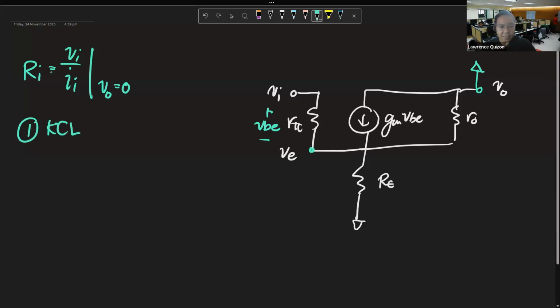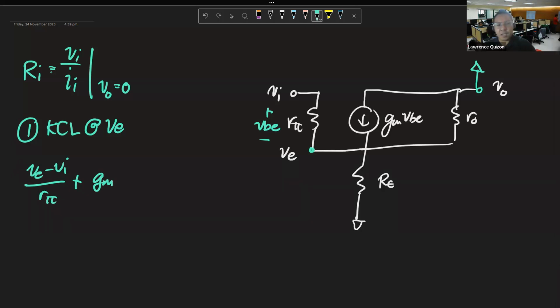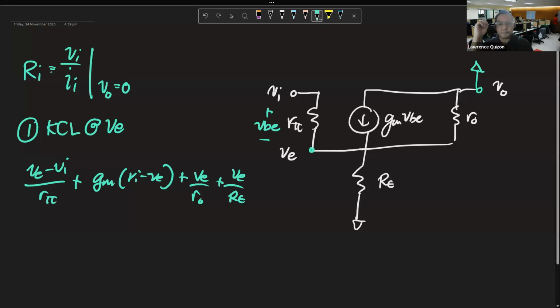So let's do again KCL at VE to get this, no? So VE, again, no, VE minus V in over R pi plus GM times V in minus VE plus VE over R out plus VE over RE. And that's equal to 0, no? So again, what we get from this is probably the same one as last time, no?